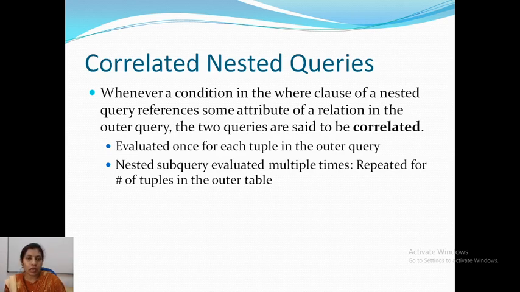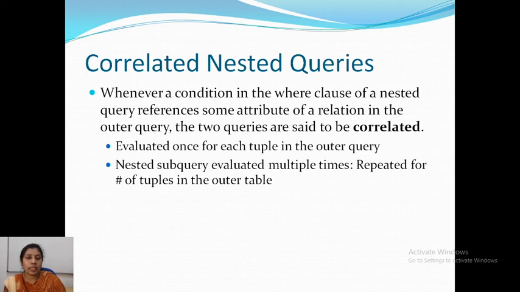In the where clause of the nested query, if some of the attributes refer to values of the outer query attributes, then those are called correlated nested queries.